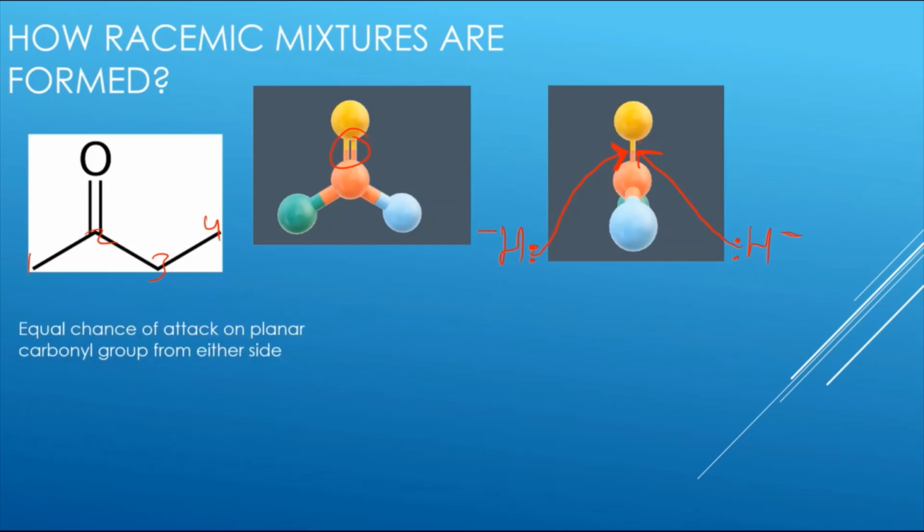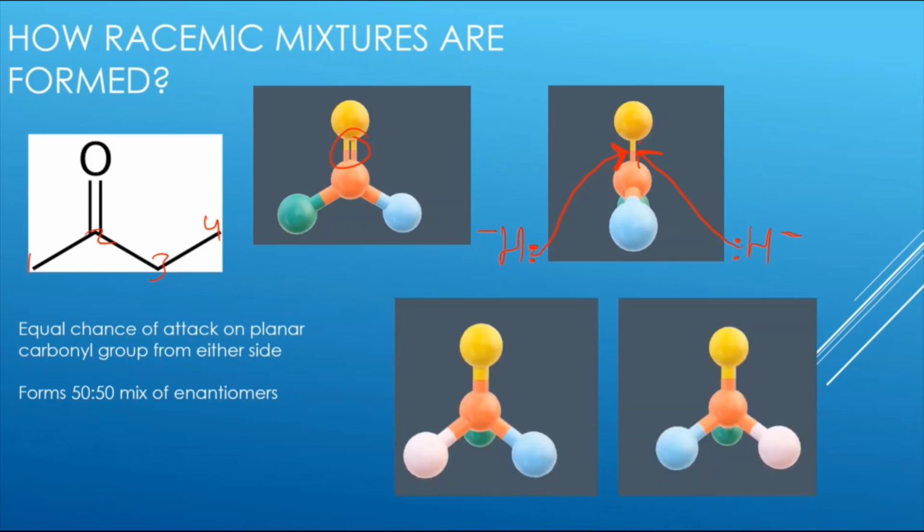What this means is that there is an equal chance of attack on the planar carbonyl group from either side, and this forms a 50-50 mix of the enantiomers, because the hydrogen bond which will be formed when the attack's complete can form from either the left side or the right side, and because the hydride ions have access to that bond from both of these sides, there is an equal chance of either enantiomer being formed.